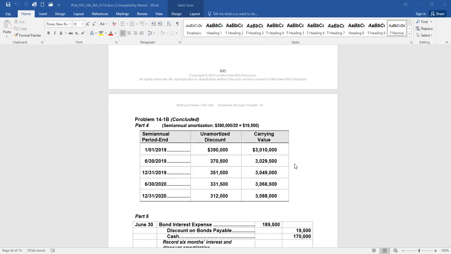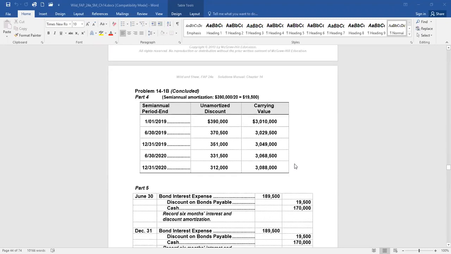The initial discount on bonds payable, or what we call unamortized, not expensed discount, is $390,000. So 3.4 million minus 390,000, you get $3,010,000.